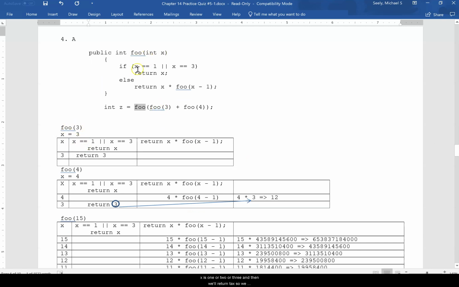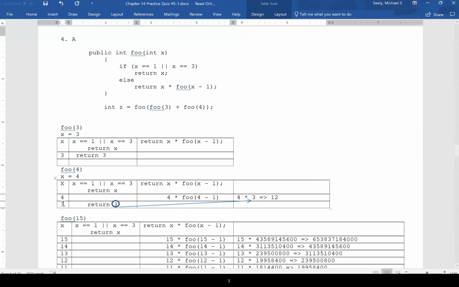So x is 3. If x is 1 or 3, then we return x. So we return 3 right there, okay? For 4, we pass in 4. X is not 1 or 3, so we have to do 4 times foo of 4 minus 1, which becomes 3.